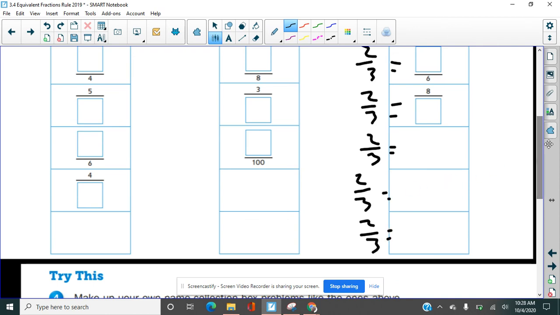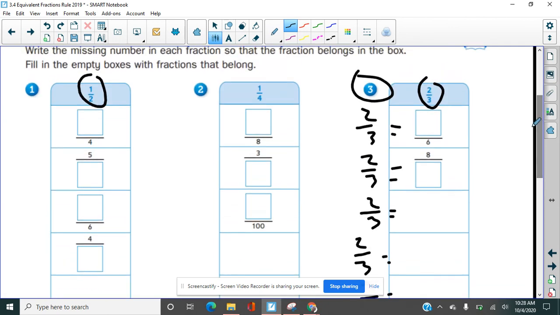All right, so let's look at the first one. 2/3 equals how many sixths? Well, look at what we know. 3 to 6. 3 times what equals 6? 3 times 2. And if you do that on the bottom, you have to do that on the top. That's the rule, right? You have to do the same thing on the top and the bottom. 2 times 2 is 4.